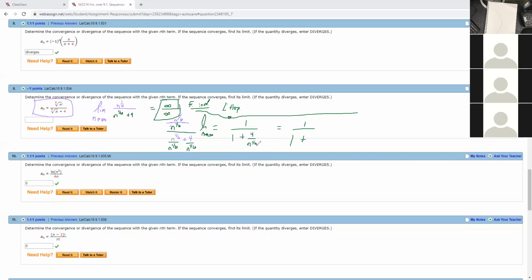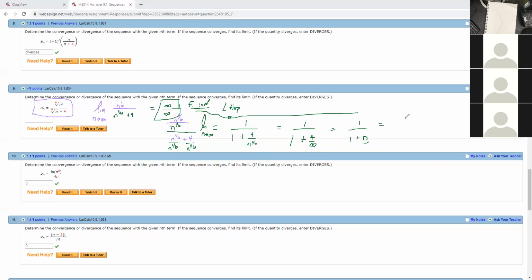Still infinity. Mm-hmm. And what's 4 divided by a larger and larger number? It gets closer and closer to what? 0. Mm-hmm. Oh, that just made it determinate right there. We got that part.